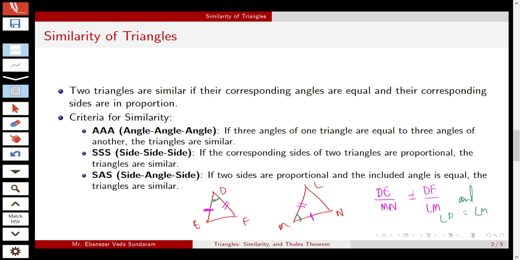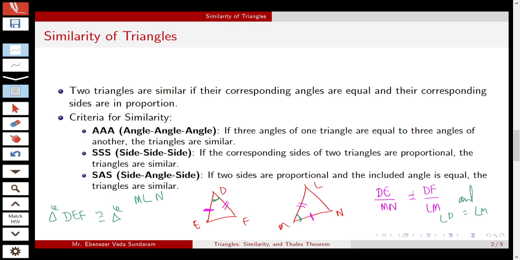Because I said the order of writing a similarity criterion also matters. So let's start with this triangle DEF. I'll write triangle DEF is similar to, and I don't know how to write this, so let's look at all cases of naming this triangle. I can name this triangle MLN.